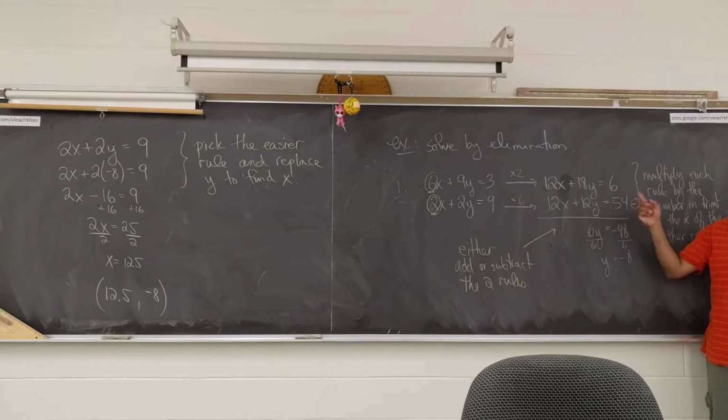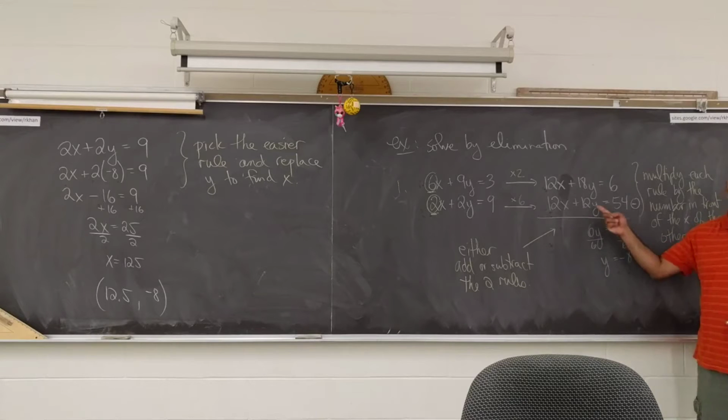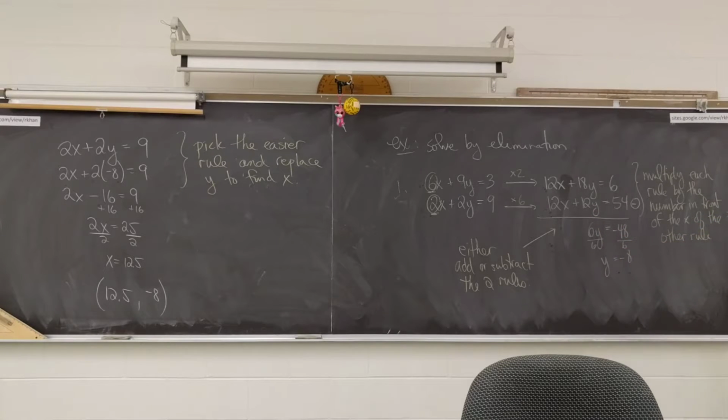I need the space over here, so I'm going to erase this. If you need that, you can just draw it down quickly. We'll do a second example, and we'll stop there.